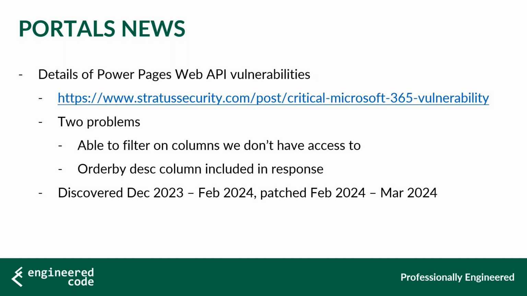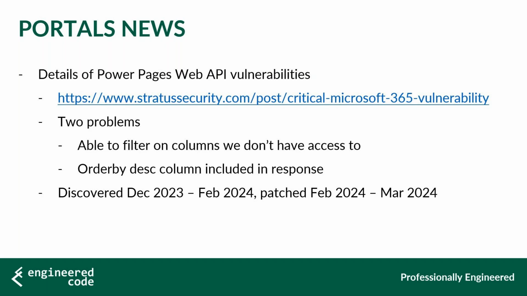It wasn't in the response, so it didn't give you access to that data. But clever people can figure out a lot about the data by being able to query it. So obviously, you could start running things like, give me all the records where the thing equals X. Now, just because X isn't returned in the response, you do know that the answer is X. So you can use those types of queries to infer what the data might be underneath the scenes.